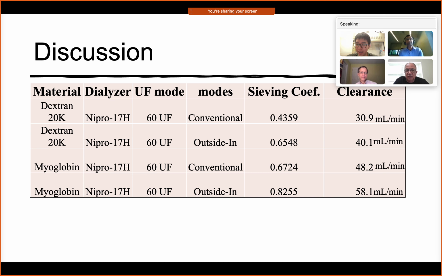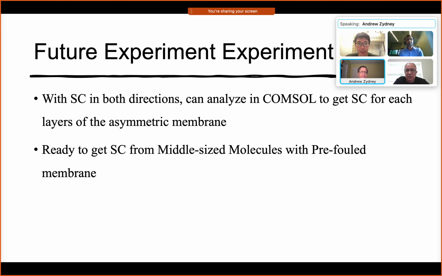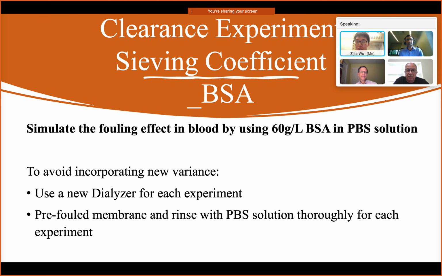I see. Yes, I think the top priorities of the project will be simulating the fouling effect, inside-out and outside-in. So instead of using a new dialyzer for each experiment, we prepare to develop a pre-fouled membrane with the BSA solution, and then use the pre-fouled membrane to do the clearance and sieving coefficient experiments.